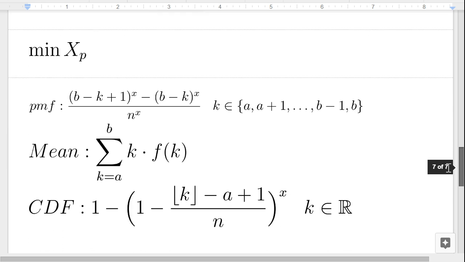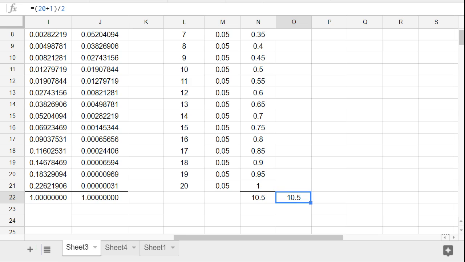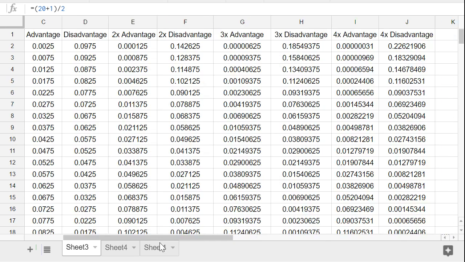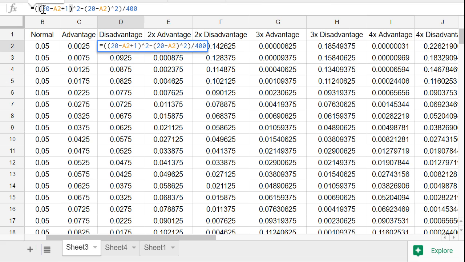So then, if you're working with the minimum, these are the formulas for that. Just like our actual formulas. Let's see if the comparison is pretty good. Disadvantage. So you take the highest number minus the current plus 1.